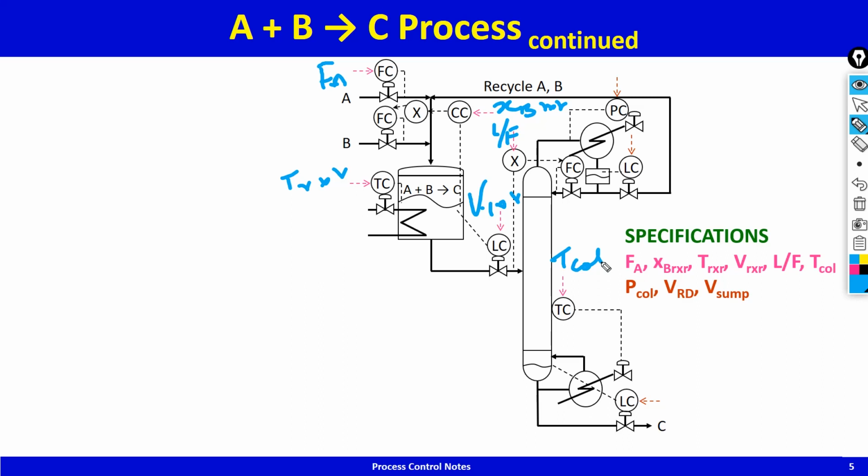These are the 6 steady state specifications, and then we have P-call, volume of the reflux drum, and volume of the sump. So you see this control system corresponds to those specifications.